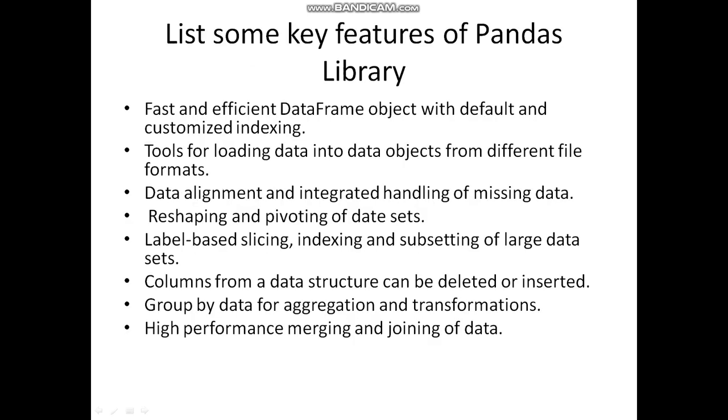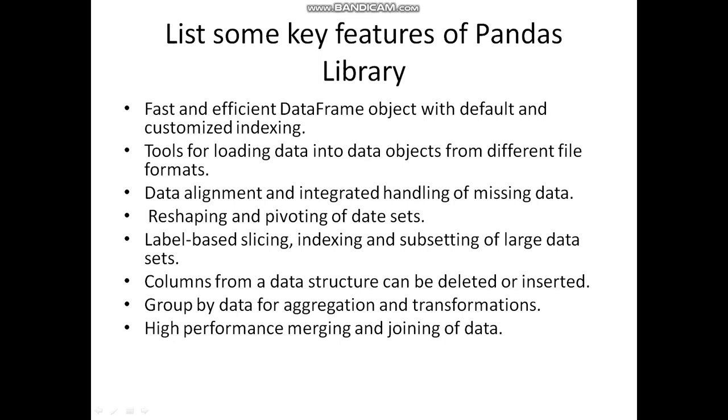Now let's see some of the features of the pandas library. It is a fast and efficient data frame object with default and customized indexing. Tools for loading data into data objects from different file formats. Data alignment and integrated handling of missing data.